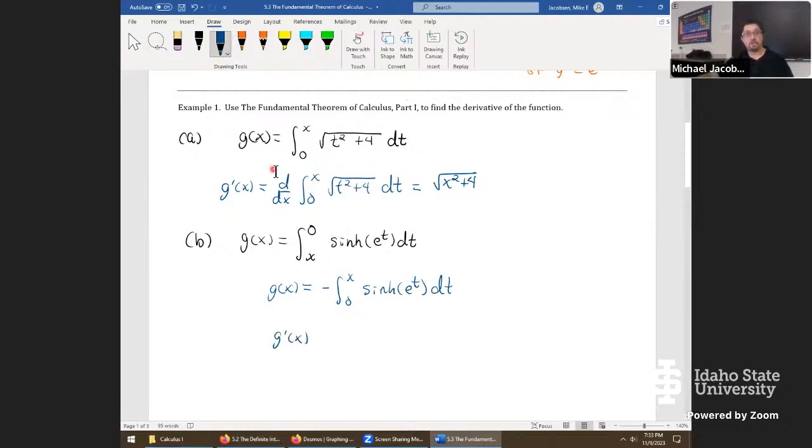I think this step is kind of fun to write because it's emphasizing the way differential calculus and integral calculus are connected, but you don't even have to write that step. The derivative of this is going to be automatically a negative sign, sinh of e to the x now, and then done. That's the whole process. So fundamental theorem of calculus part 1 is kind of nice once we get used to it. There's not a lot to really calculate.